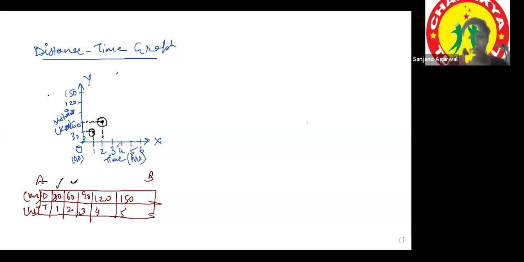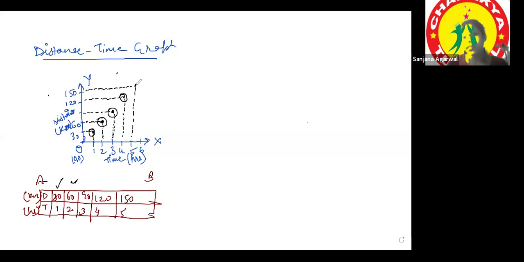Third is 3, which corresponds to 90. Because with a pen tab it's really hard to draw a straight line, you can use a ruler and try to make it perfect. After 4 hours, 120 kilometers. And after 5 hours, 150 kilometers.